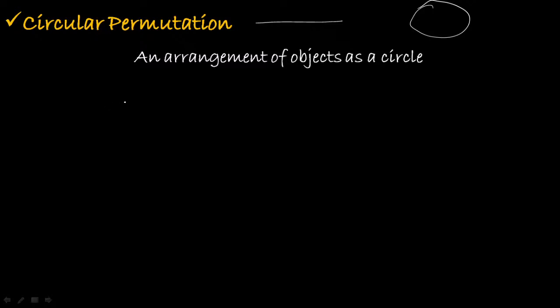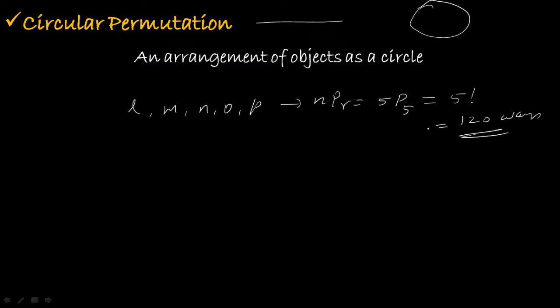For example, let me take the letters L, M, N, O, P. To arrange these 5 letters without repetition, you know the formula to calculate the number of arrangements, that is nPr. Here n is 5, so 5P5, the number of arrangements taking all at a time, is 5 factorial, that is 120 possible arrangements.